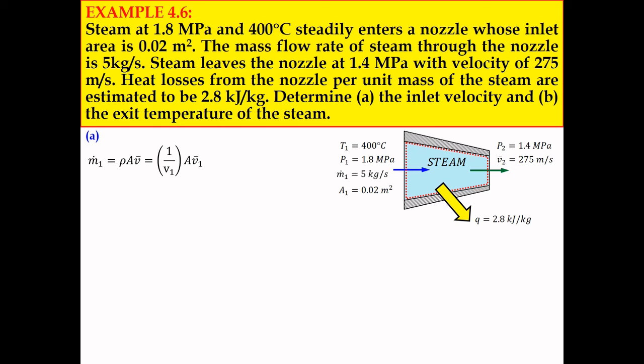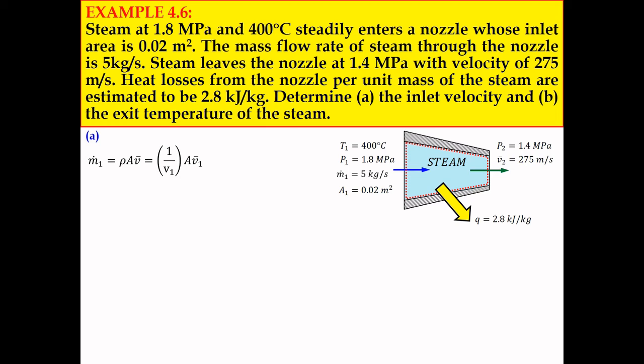Now the equation that can be used to determine the inlet velocity is the formula for mass flow rate, m1 dot equals rho A V bar, equals 1 over specific volume v1 multiplied by A V1 bar. In terms of data, we already have the value for m1 dot, which is 5 kg per second, and the value for A, which is 0.02 meter square.